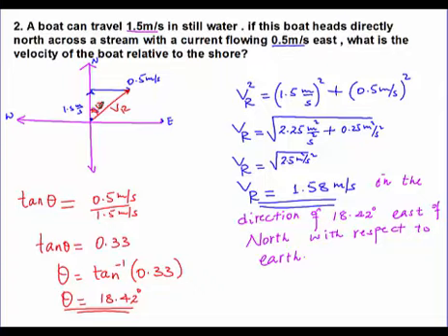The value of this angle is 18.42 degrees. So the velocity of this boat is 1.58 meter per second in the direction of 18.42 degrees east of north with respect to the earth. That's how you calculate the velocity of a boat which is crossing a given river. That's all.